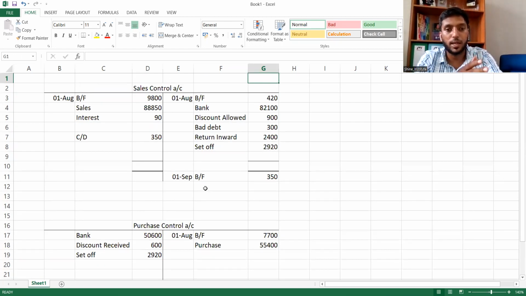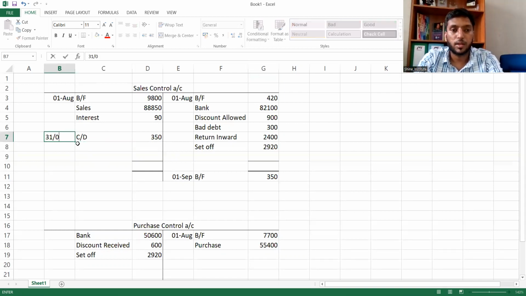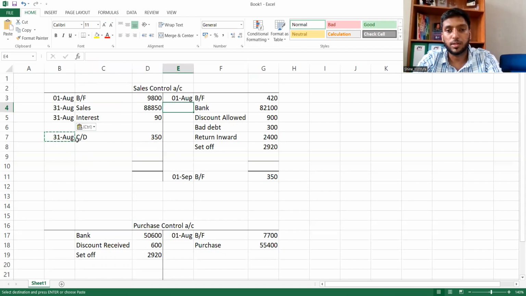When you're bringing the debit side balance to the credit side, that balance should be on the previous month. So here I'll write 31st August. I can copy the same thing because you don't want to write it twice. It's a waste of time. I'm going to copy here as well.